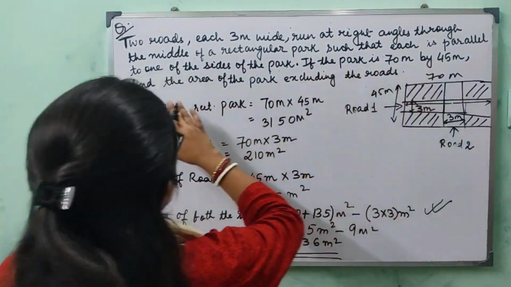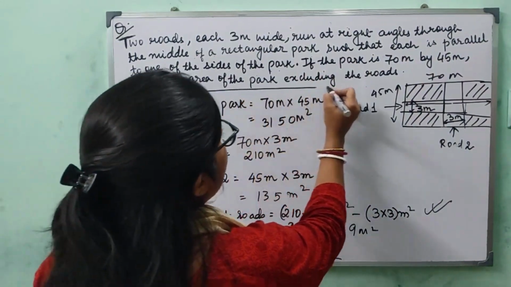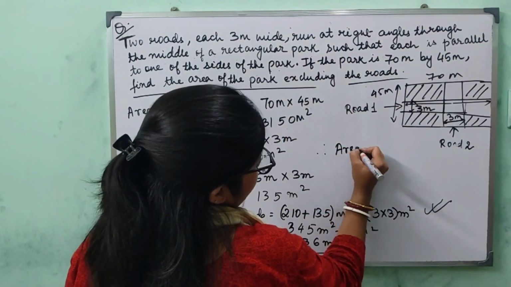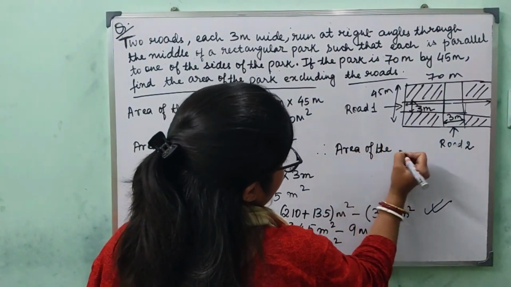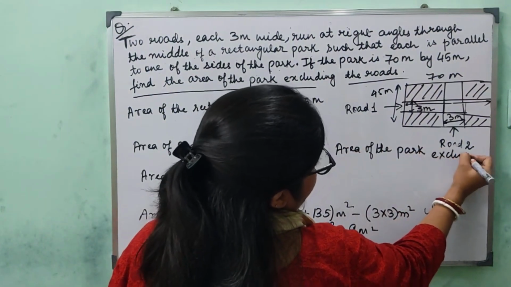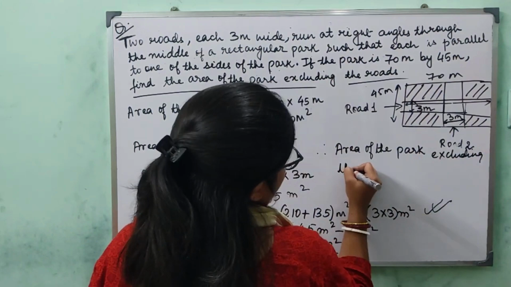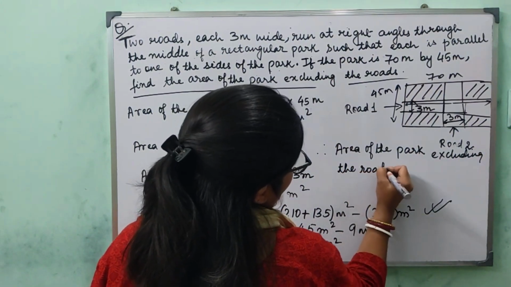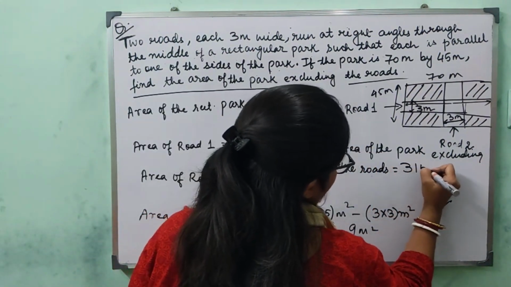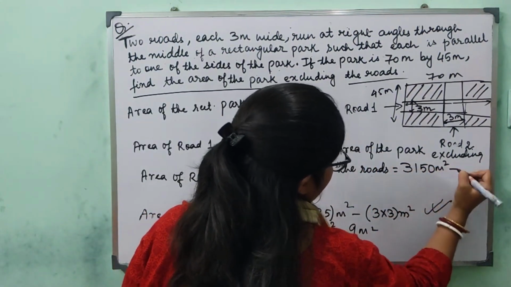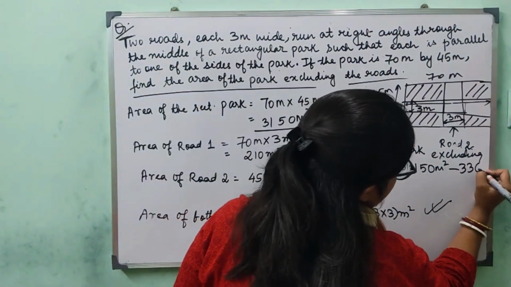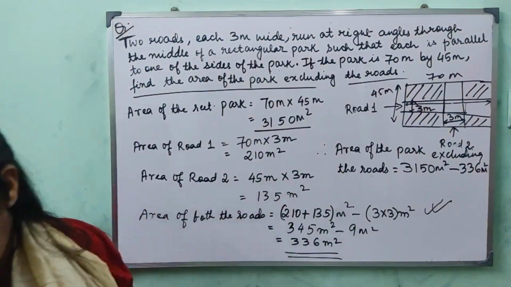Now we have to find the area of the park excluding the roads. So simple now. Therefore, the area of the park excluding the roads will be equal to the total area of the park, that is 3150 meter square, minus 336 meter square.